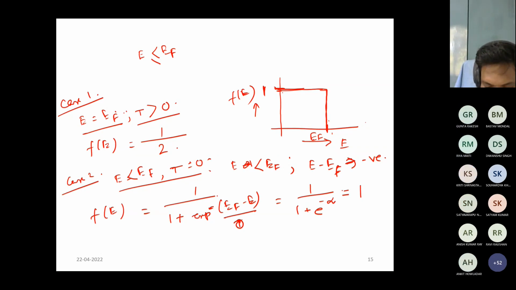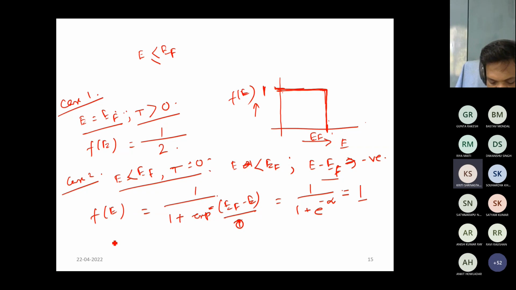Let me explain it again. When E is less than or equal to EF at absolute zero temperature, E minus EF becomes negative, and the probability distribution function gives 1. This indicates that up to the Fermi energy at absolute zero temperature, all the energy states are completely filled by the electrons. Is it clear? Yes, sir. Probability value 1 indicates this.